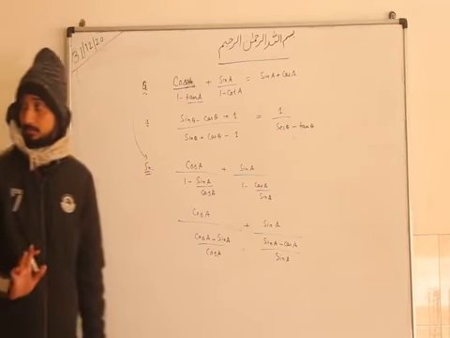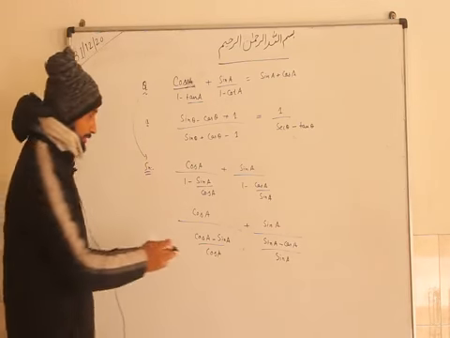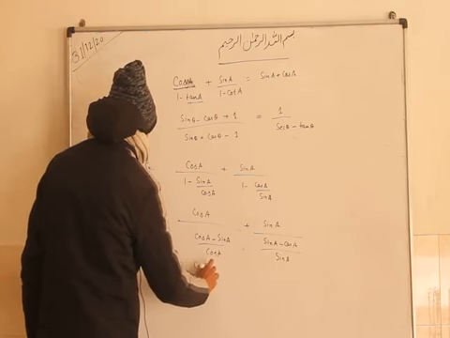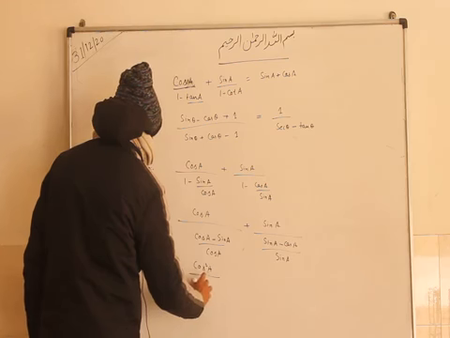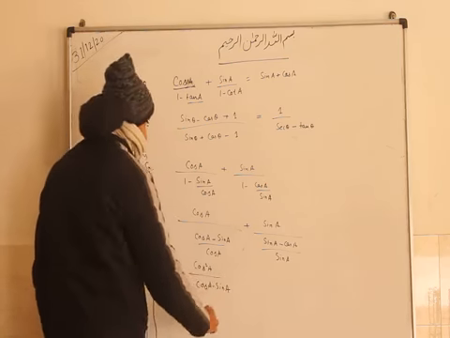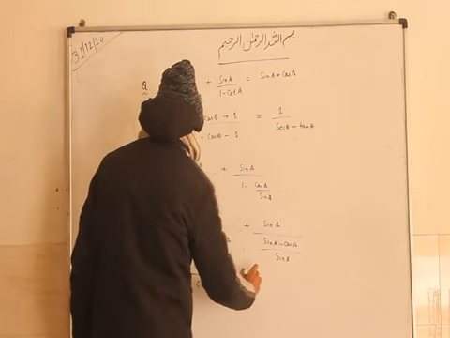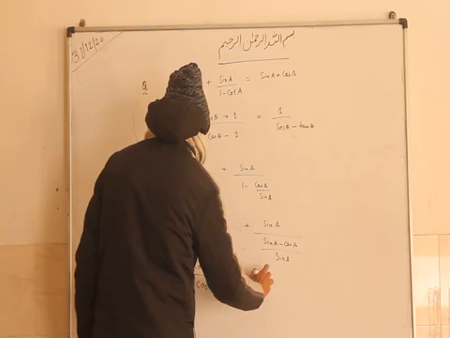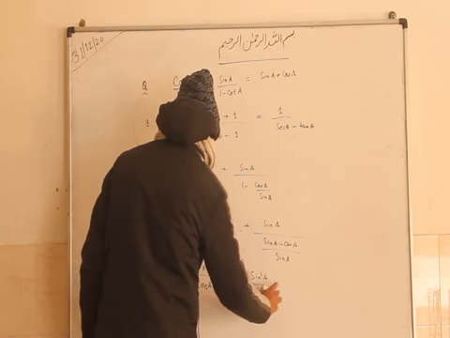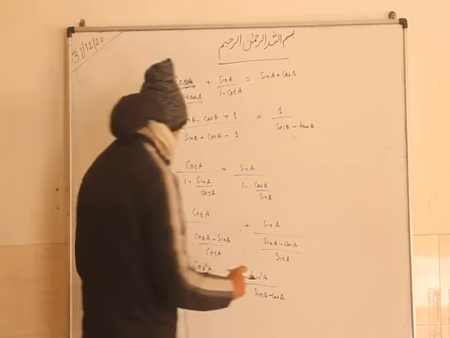Okay, see here, now it will come here, so it will be cos square A upon cos A minus sin A. Similarly, it will be sin square A upon sin A minus cos A. Fine?